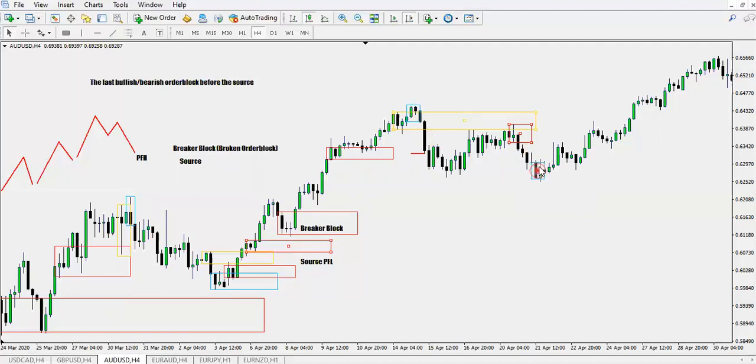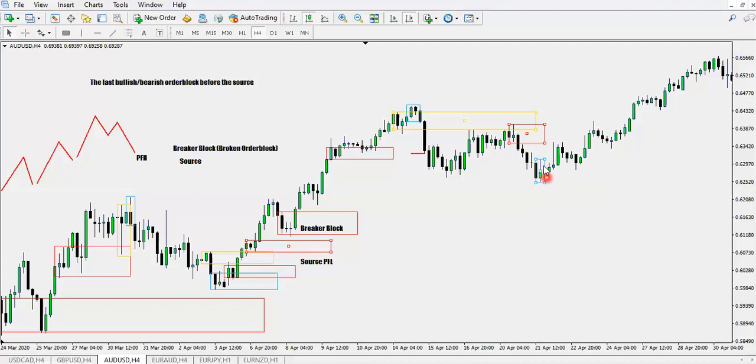Okay, so we can mark this candle over here as our source candle. This is our source candle because it is the lowest point of this move to the downside. At the top here, this was the last green candle, or the bearish order block, before this big move to the downside.